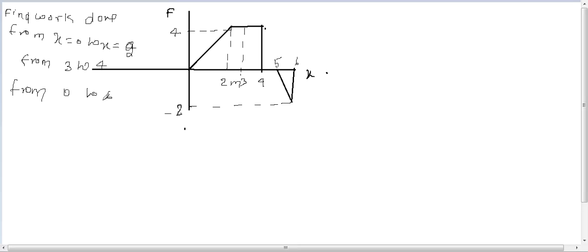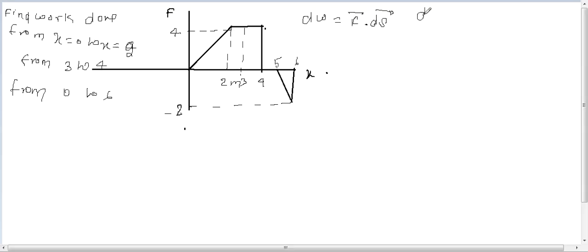Okay, so guys, first, what is the work done? Work done is basically dW is equal to F dot ds. Here displacement is taking place only along the x-axis.